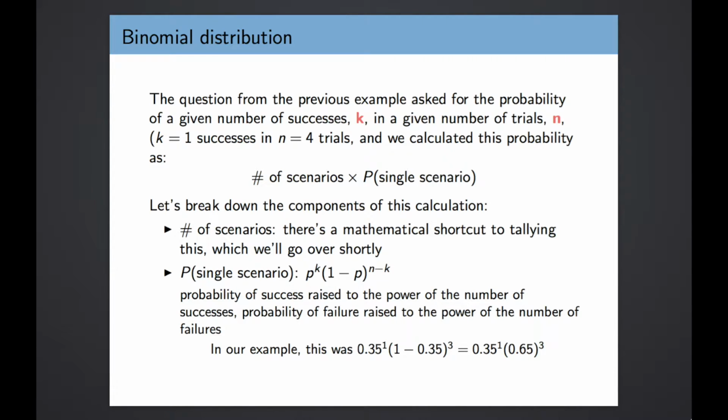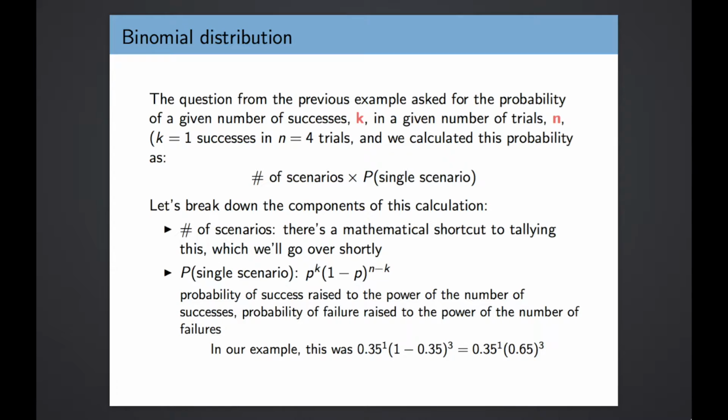So let's go ahead and add some mathematical notation to this. A given number of successes is denoted with the letter K, and the given number of trials is denoted with the letter N. So in this example, we were just talking about one success in 4 trials, so K equals 1 and N equals 4.